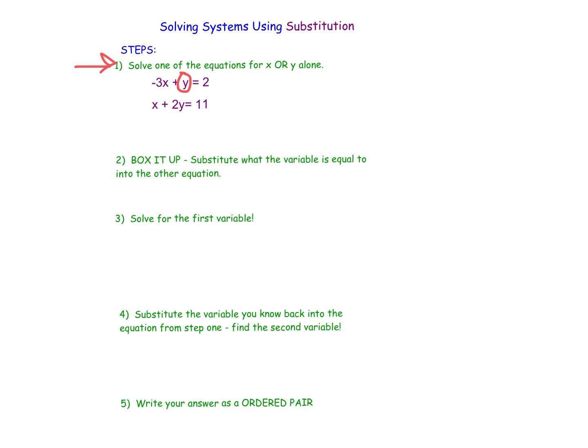So we're going to get that y value that I have circled by itself, and we do so by adding 3x to each side. So essentially what I've done is I've taken that first equation and I've rewritten it as y equals 2 plus 3x. And remember, an equal sign means that they are the same value.